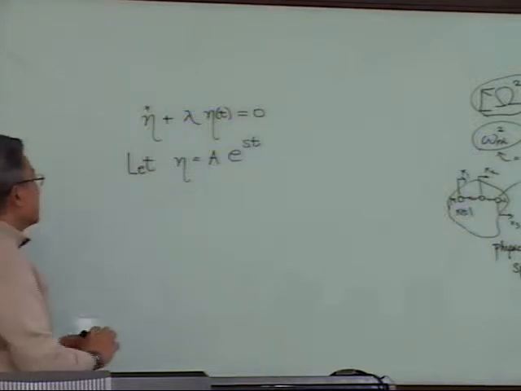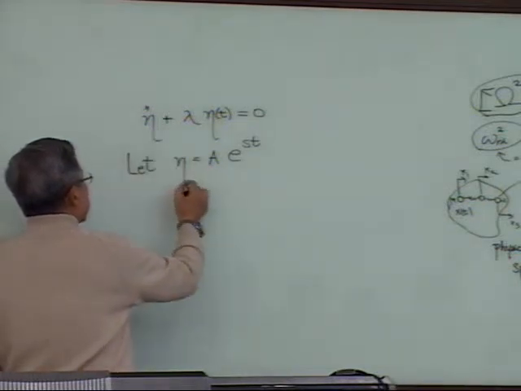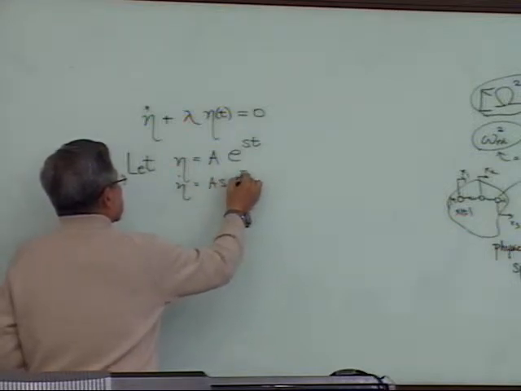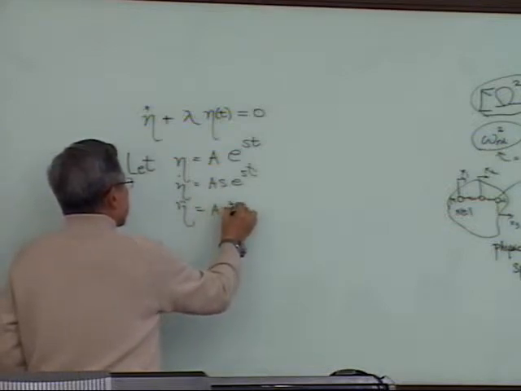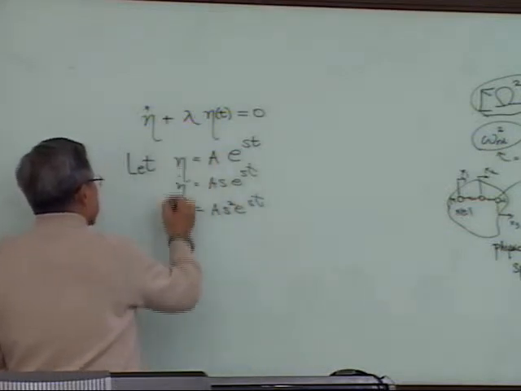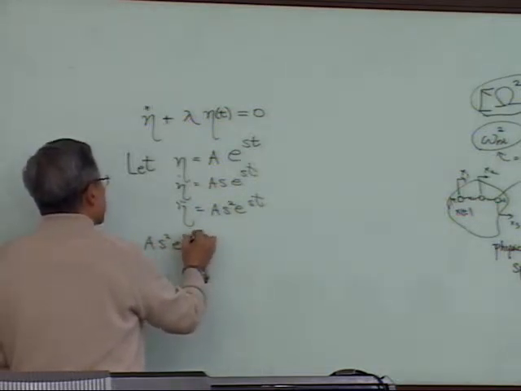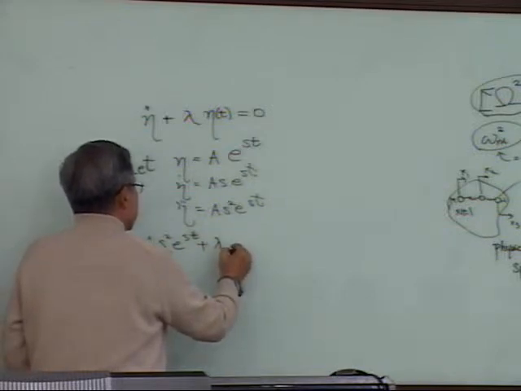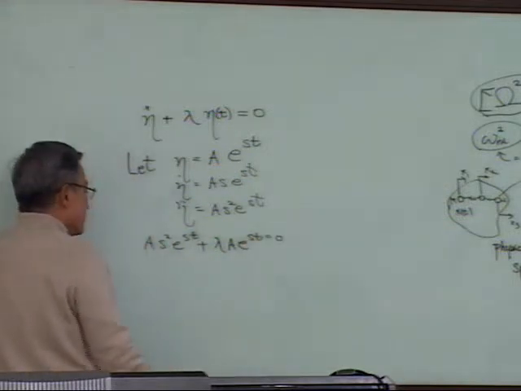If you plug in, eta dot is equal to A s e to the st, eta double dot is A s square e to the st. Plugging in over there, we get A s square e to the st plus lambda A e to the st is equal to 0.